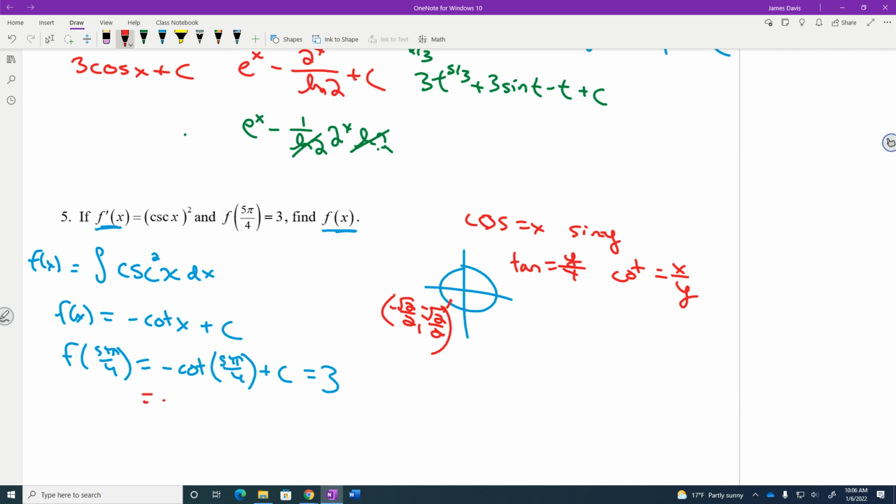So this ends up being negative 1 because we got that negative out there in front, plus c is 3. We then can add the 1 over to get c is 4. And so f of x is 4 minus cotangent x.